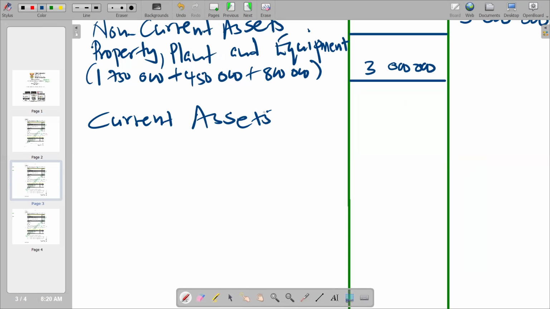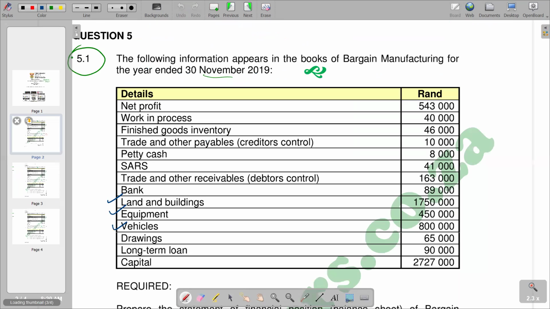Whereby the total for current assets is supposed to come in the last column, but we're going to list the current assets that we have beneath that. We can just try to pick in terms of what current assets do we have in the question. So you see that starting from the beginning going down, we've got finished goods inventory, but we also have work in process. It's also part of inventory.